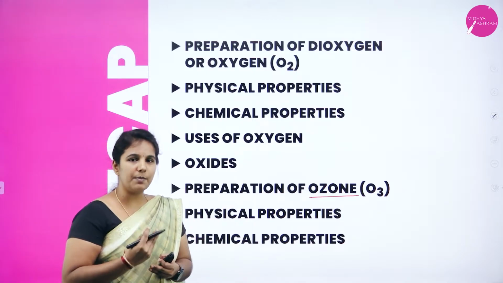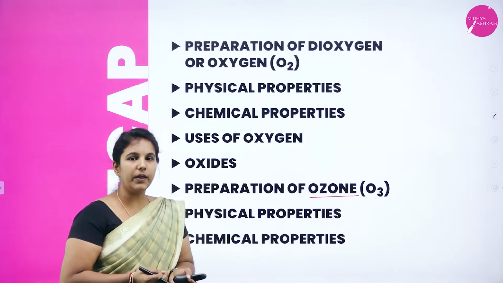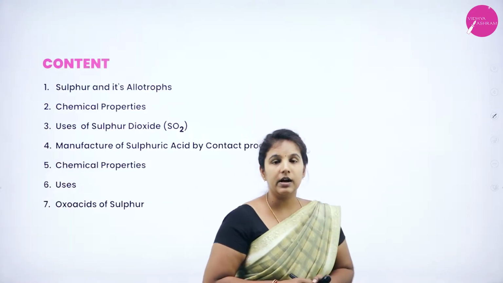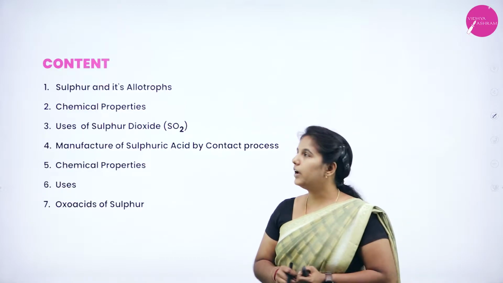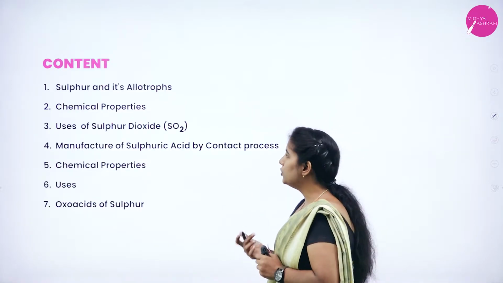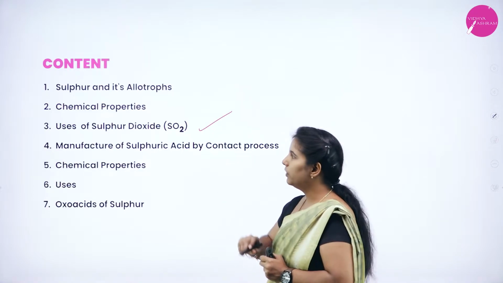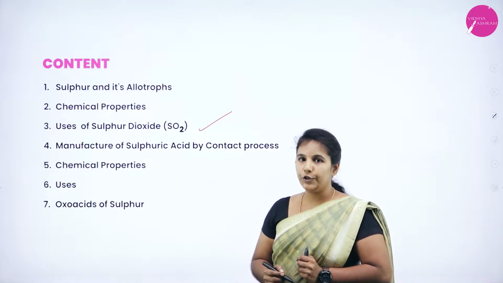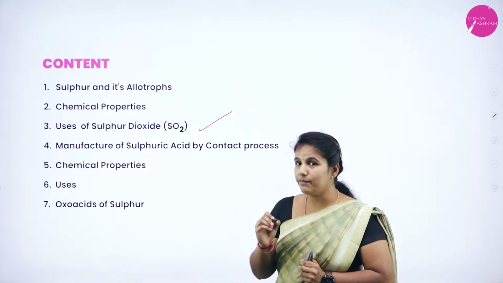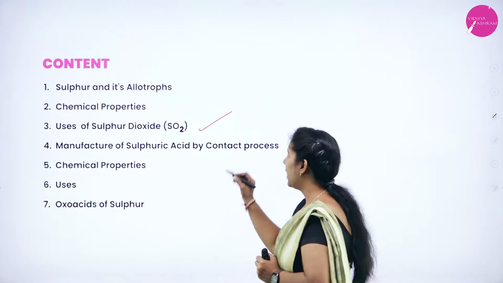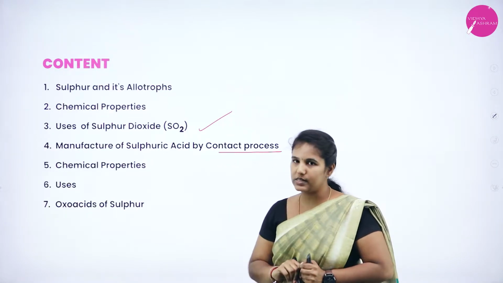Today, let us step up with the next topic of this unit by understanding sulfur and its allotropes. We are going to deal with the chemical properties of sulfur and the uses of sulfur dioxide also. From the examination point of view, it is very important to understand the manufacturing of sulfuric acid by the contact process.